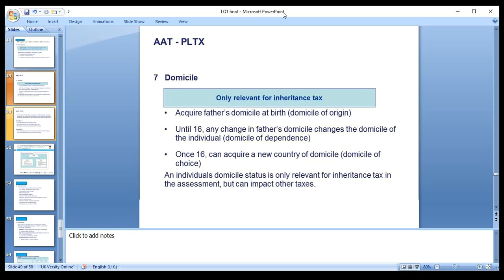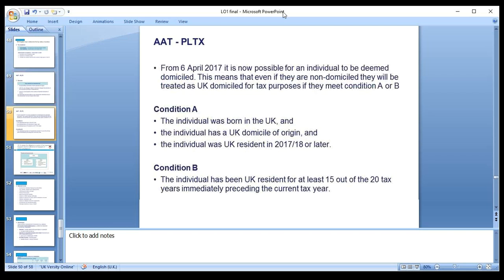Any changes to the father's domicile, we need to keep in mind as well. From 6 April 2017, it is possible for an individual to be deemed domiciled. This means even if they are not domiciled, they will be treated as UK domiciled for tax purposes if they meet condition A and B. So these are the conditions we are given.